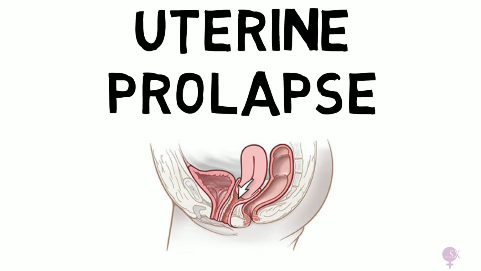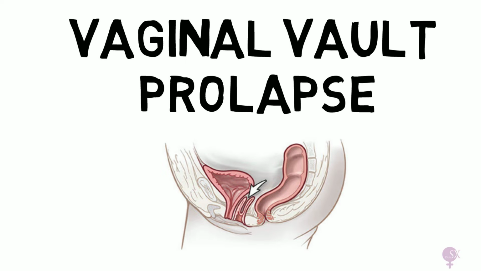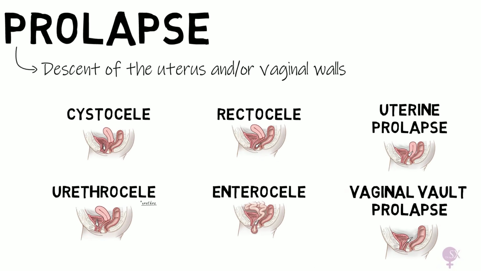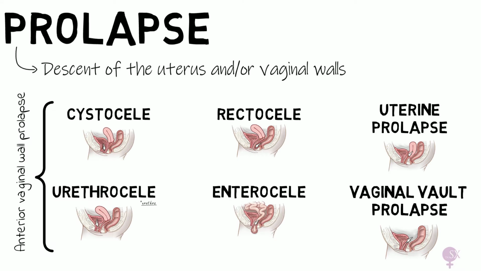Now, a uterine prolapse refers to the downward descent of the uterus into the vagina, while a vaginal vault prolapse occurs in women with no uterus after hysterectomy, where the vault starts to descend. Now, depending on which aspect of the vagina is involved in our prolapse, we can group them up. So the cystocele and urethrocoele, which both push on the anterior vaginal wall, can be grouped as anterior vaginal wall prolapses.